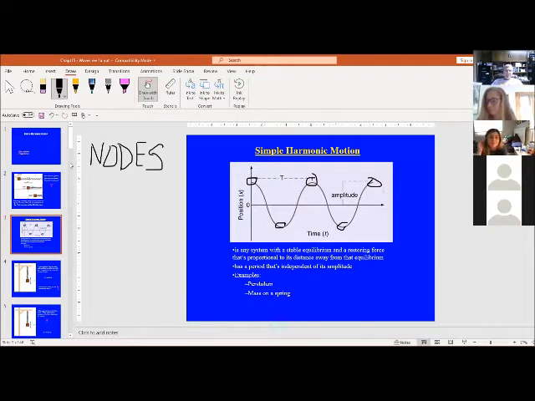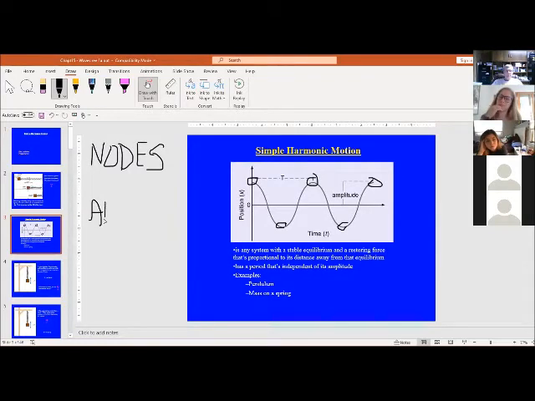It has to do with nodes. Give you another hint. This is the inverse of nodes. So it is called antinodes. So these are antinodes and those are nodes.